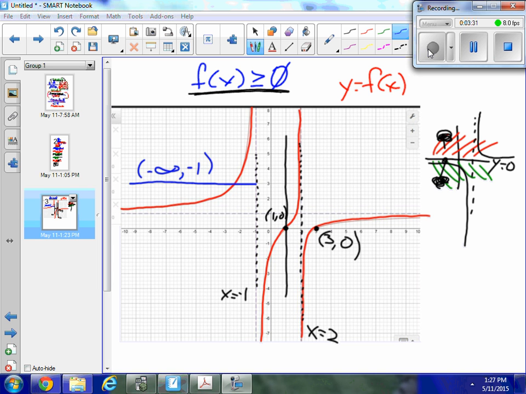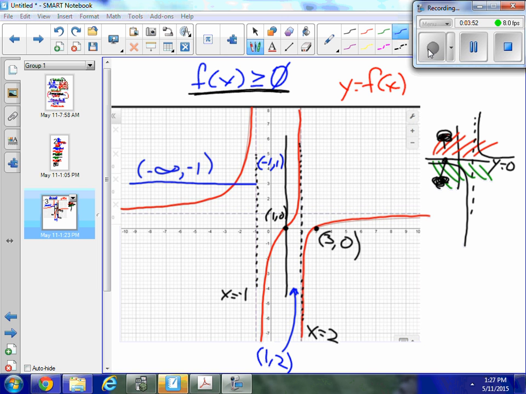Another interval goes from -1 to 1. And then I have another interval right in here. I'll make a little arrow that goes from 1 to 2.